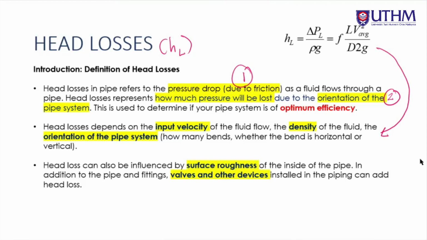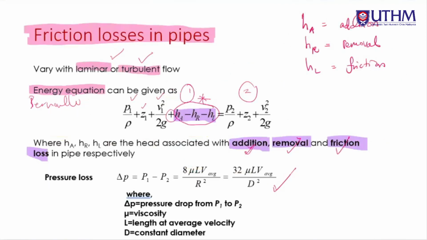Dia ada addition, removal dan satu lagi itulah HA, HL dan apa lagi satu ni, satu pun dah terlupa tadi. HA, and what is the other one is friction. Dan mengenai friction saya dah sentuh banyak dah tadi on how friction affects the losses in pipes kan.